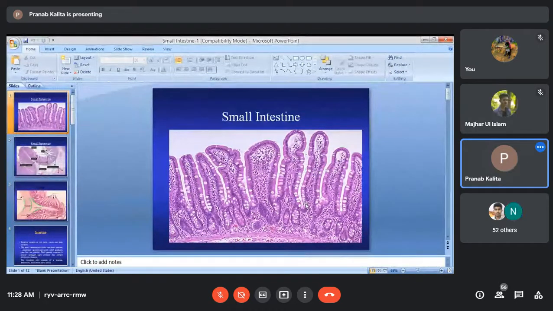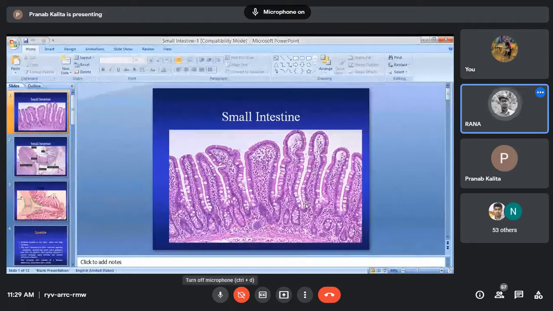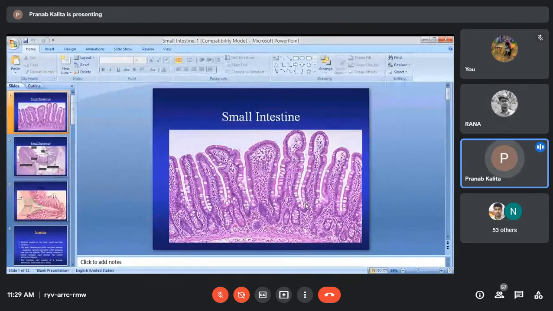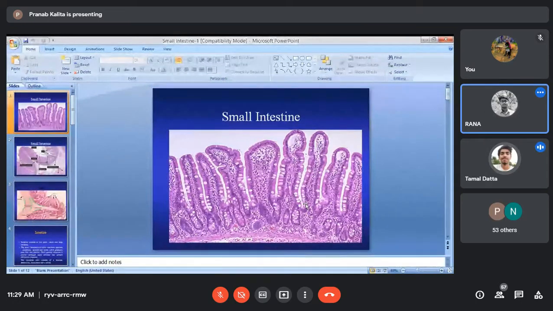Anybody? Sir, lamina propria. No. First layer is? Sir, epithelium. Yes, lamina epithelialis mucosae, lamina propria, and then lamina muscularis.